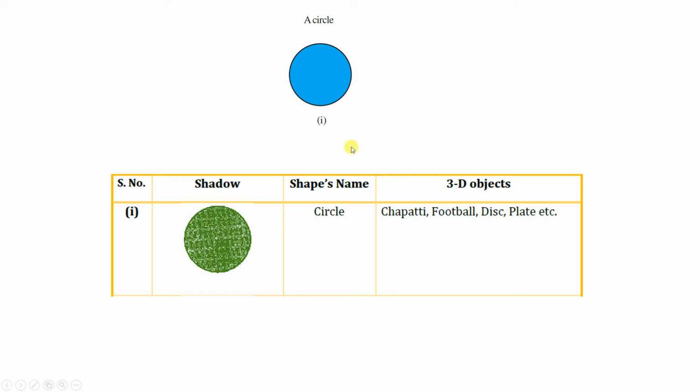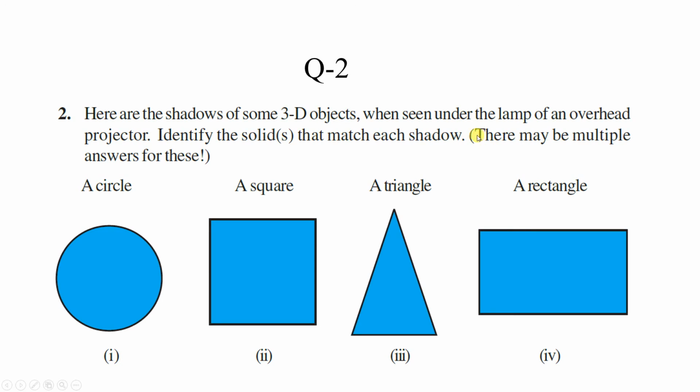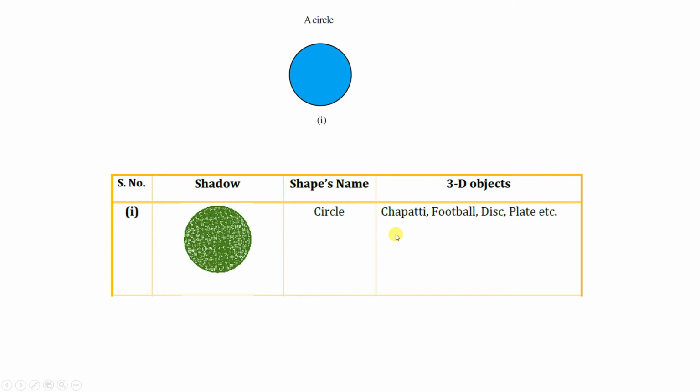So here for a circle, the shadow is a circle. So the objects, the 3D objects, that means solids, are nothing but chapati, football, disc, plate, etc. In the question it is already given there may be multiple answers, and yes, there may be multiple answers for this.